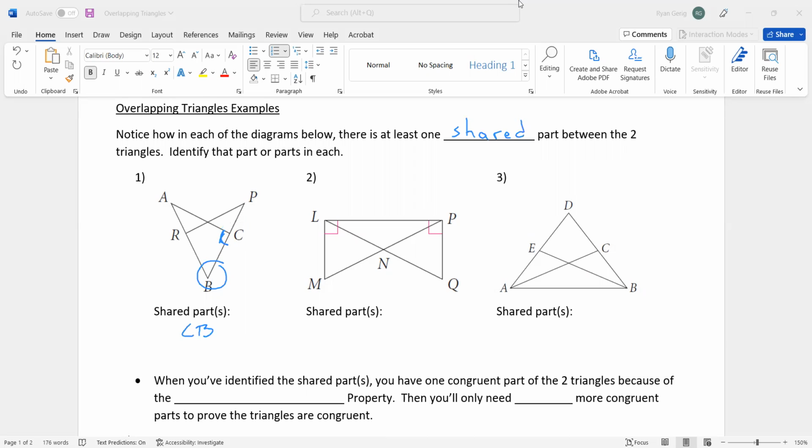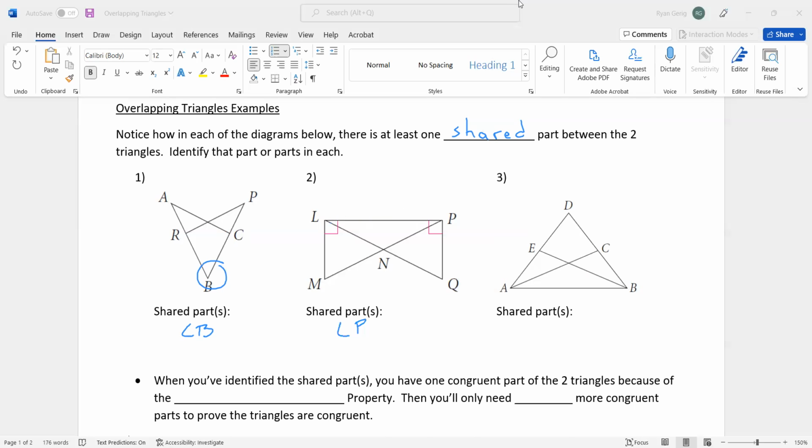All right. Number two, what's the shared part? Hopefully you see that LP is the shared part. That whole side is in both triangles. Angle L is in both triangles. Again, I'm going to re-say what I just said on the last problem.